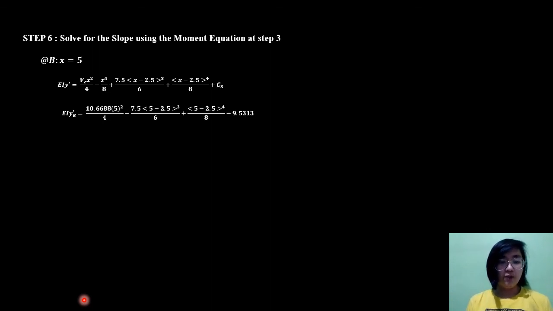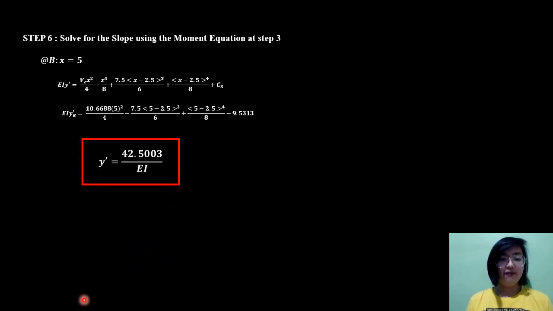Then yung VC, and yung C3, nakuha natin siya kanina sa 4 equations for unknowns. So, kompleto na. So solving this, we will have 42.5003 over EI. So, we're done. For the slope, we have y prime is equals to 42.5003 over EI.